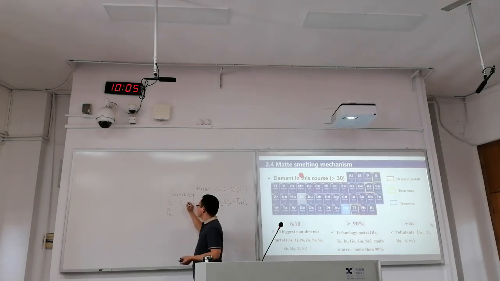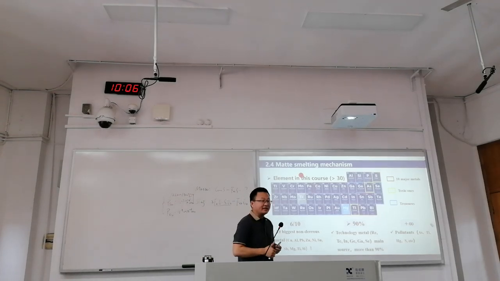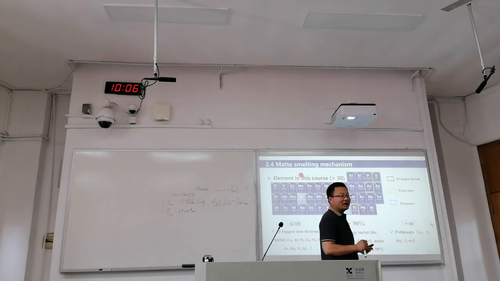Minus 6 to minus 8, which is in atm. And how about PO2? The same story, probably 10 to the minus 8 to 10 to the minus 6 atm. So this is the general chemical parameters for matte making.